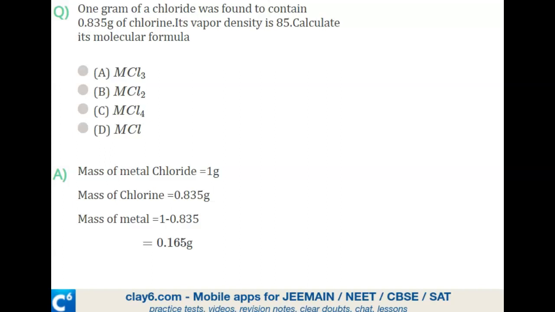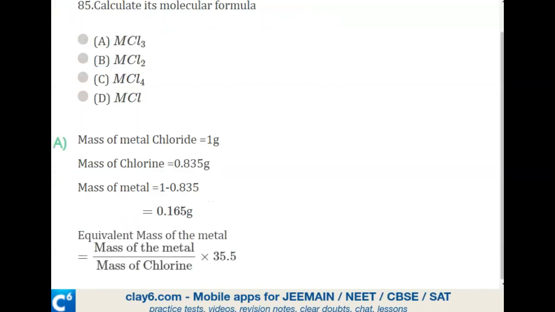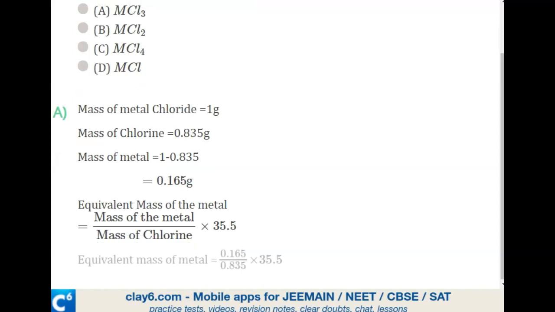0.165 gram. So we know that the equivalent mass of the metal will be equal to mass of the metal by mass of chlorine into 35.5. So here the given values could be substituted in the formula.